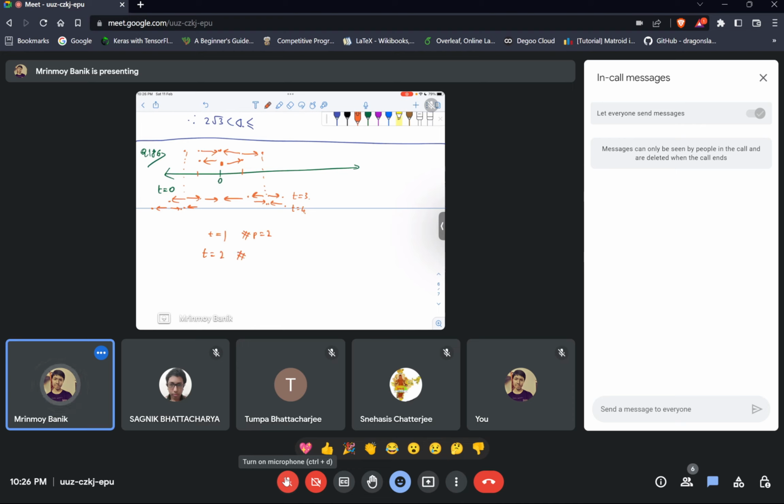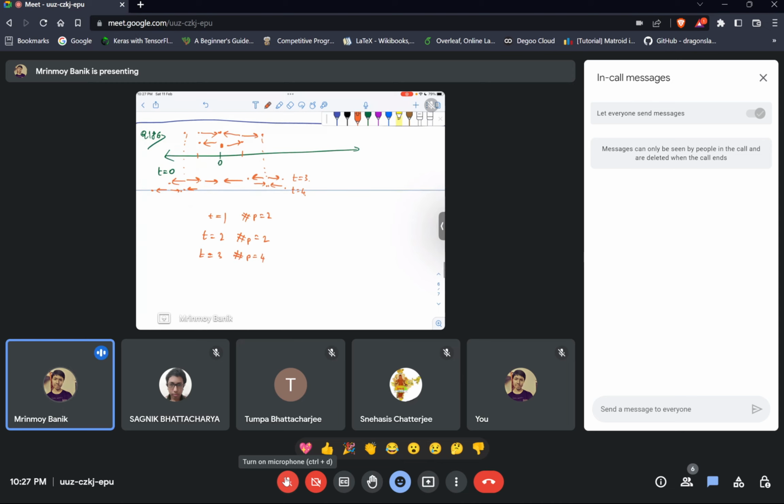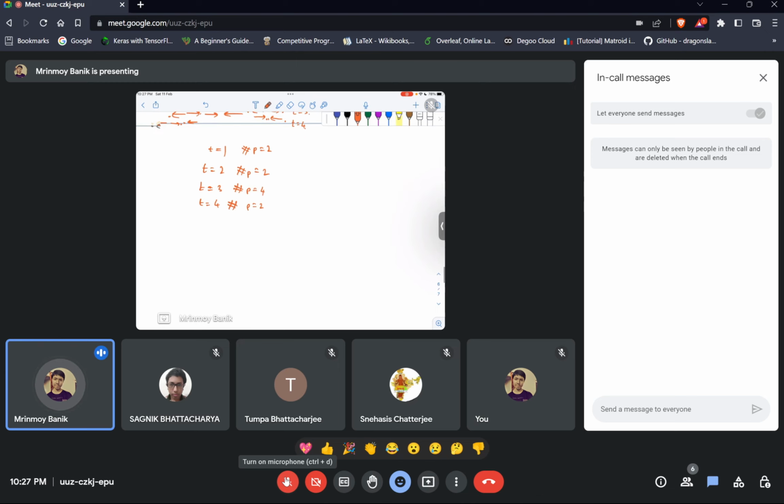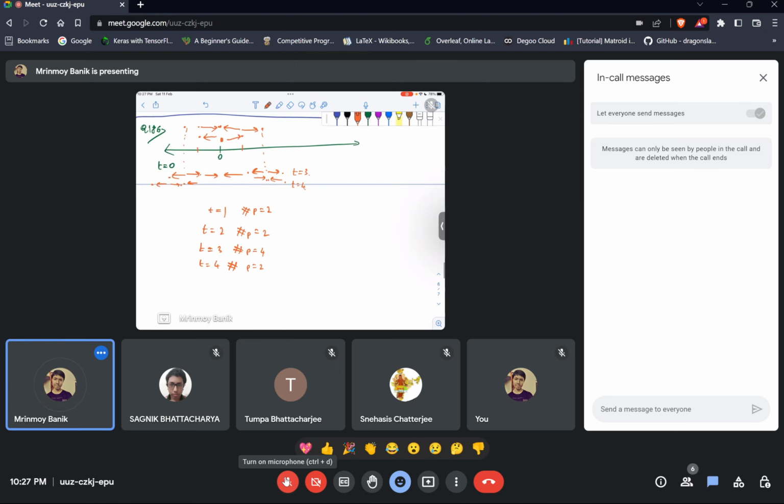At t equals 2, the number of particles were again 2. At t equals 3, the number of particles were 4. But at t equals 4, the number of particles were again 2. So it seems like they are periodically coming to 2.